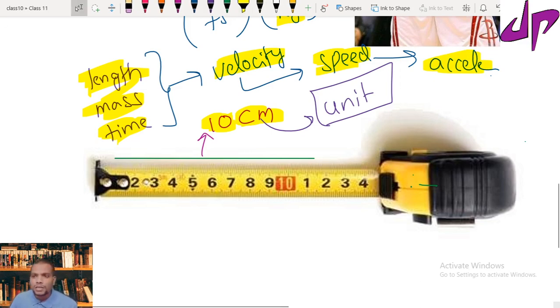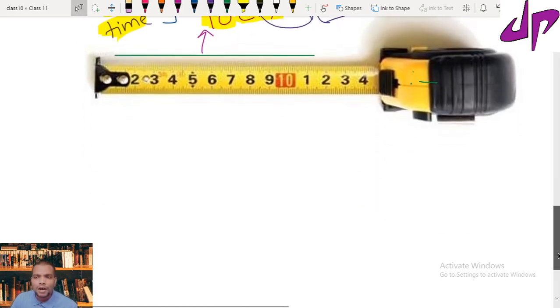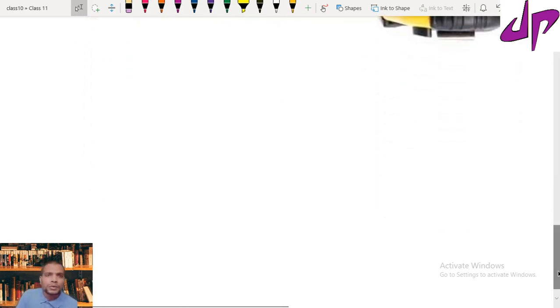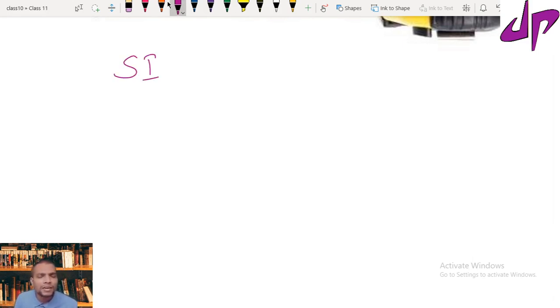Here I can give how we can classify units. We follow the SI unit, the System of International. It is a bureau, an agency, which gives guidelines to all countries to follow common units.